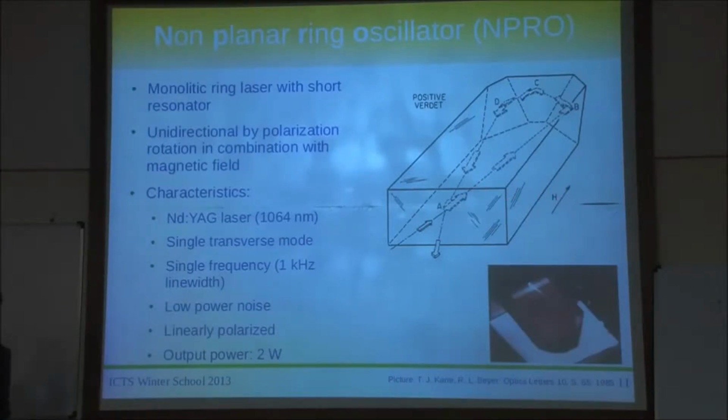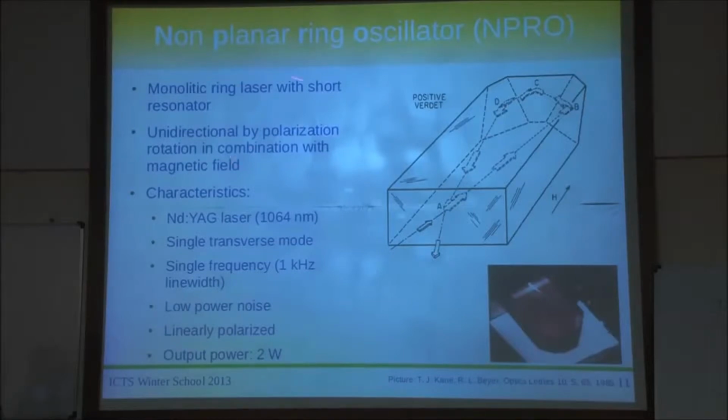So normally, if you want to build a laser, you need some active material and then some mirrors around, and then the light is bouncing around it. But in this case, the mirrors are directly coated on the surfaces of that thing here. And that makes it really stable, because you don't have any mirror mounts which can wiggle around or so. And that's one of the key points why this thing is extra stable.